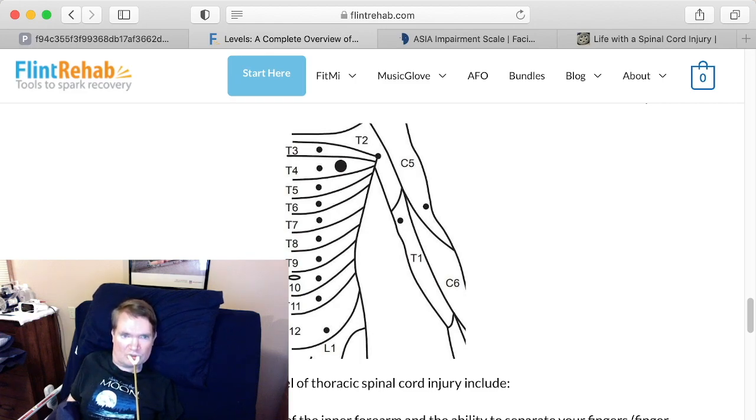Now, there are different qualifications as well, depending on your injury level. So, for someone that has a cervical injury, they're said to be a quadriplegic, or another term that is often used is called a tetraplegic.